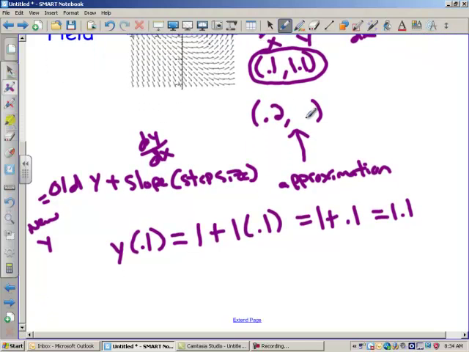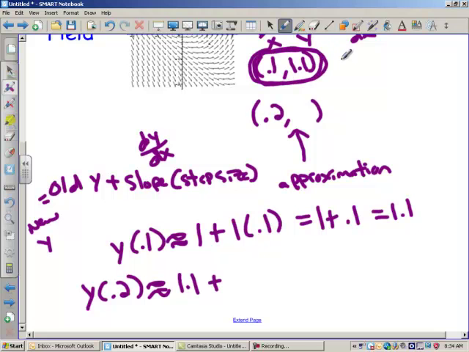So to get my next approximation, which is where I'm stopping, I'm going to say that y of 0.2 is equal to, I actually should use some approximations here instead of equal to. That will make me feel better. Y of 0.2 is approximately equal to the old y. Now my new old y is 1.1. I'm going from this point. 1.1 plus. Now I have to do the slope, and the slope at this new point. I've forgotten about that old point here.